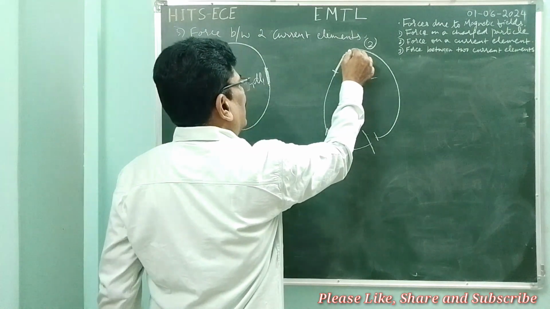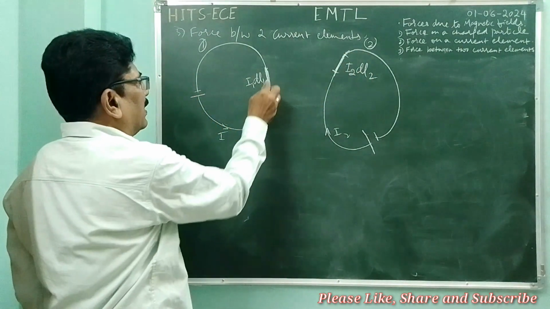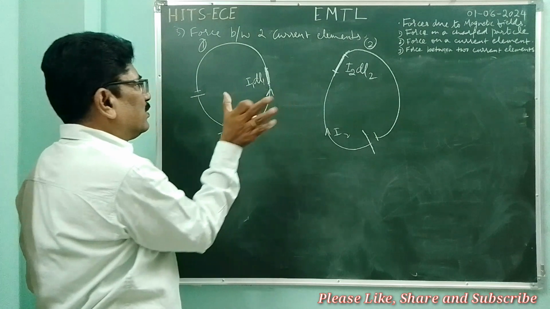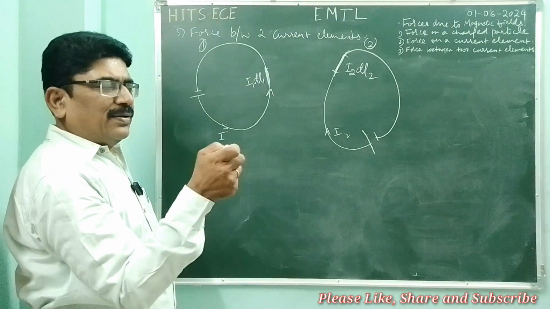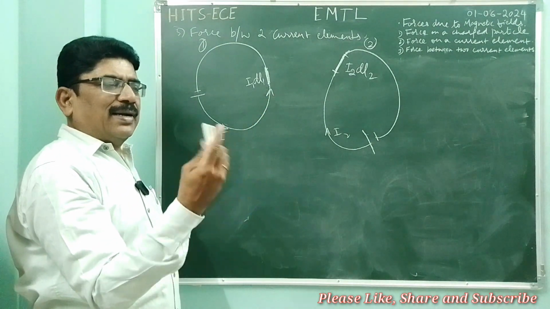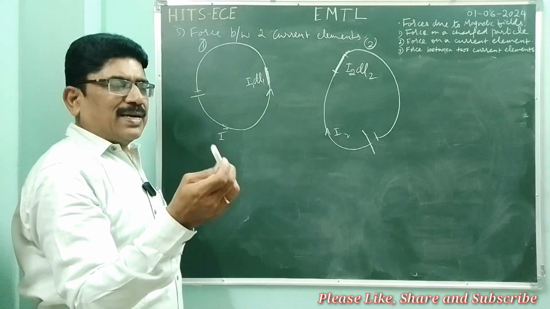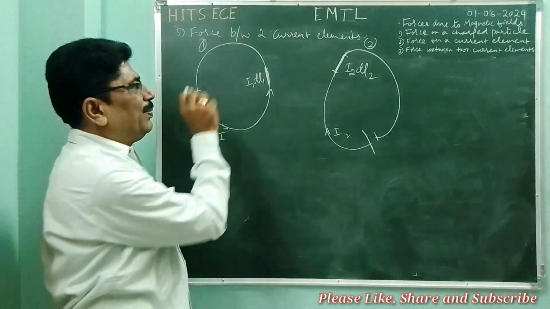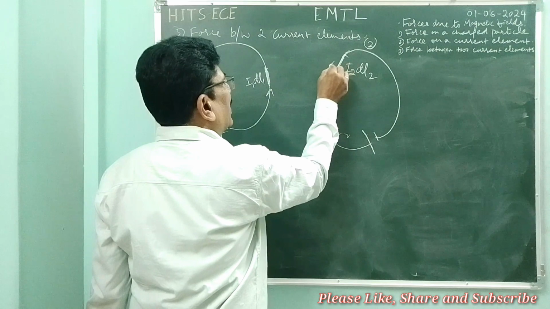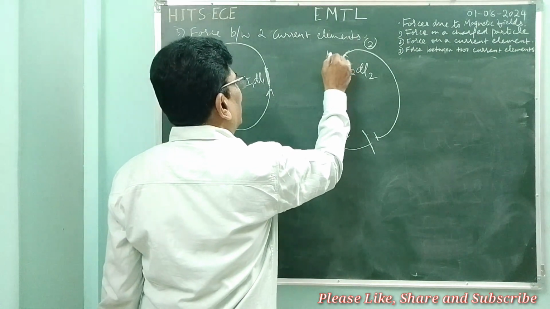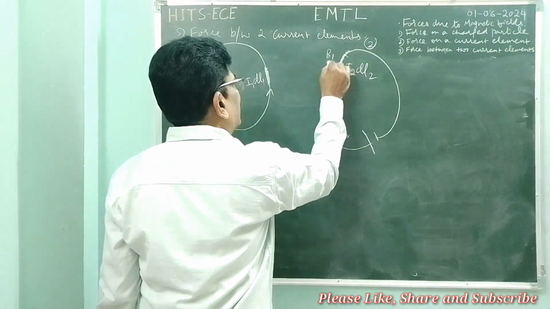Let us say the current is flowing like this. With the curled fingers, the current is moving up in the conductor. Let us say this chalk is a conductor. The magnetic field will be entering here. Let this be B1. B1 is into the board.